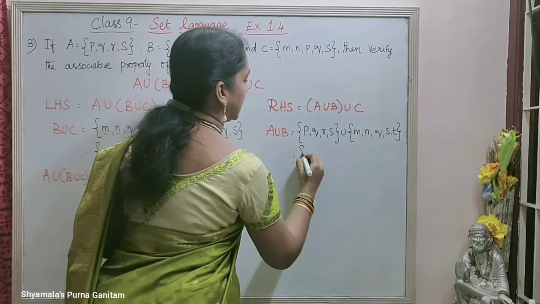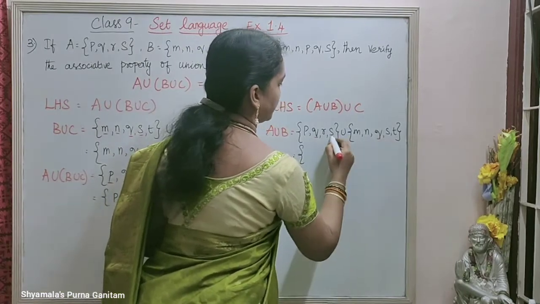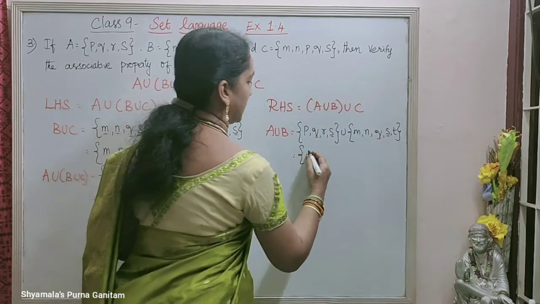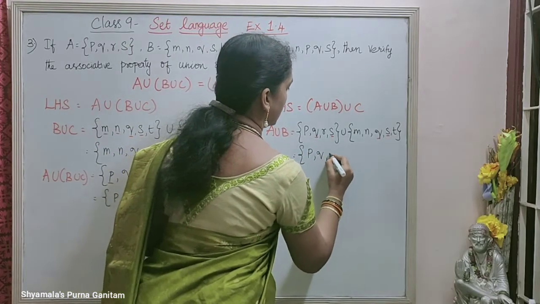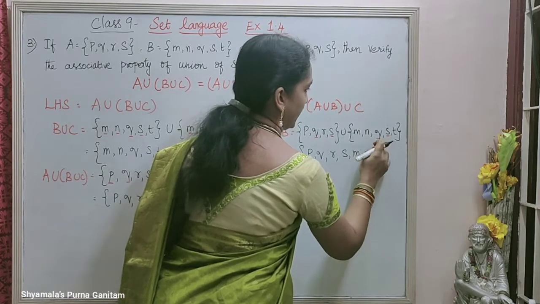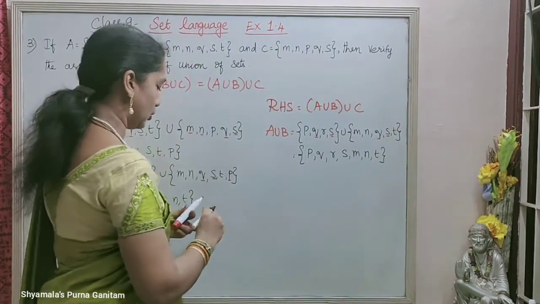Now we will find the union of both the sets. Q is common, S is common. Only these two elements are common. So P, Q, R, S, M, N, and Q, S we already wrote, and T. So this is A union B.